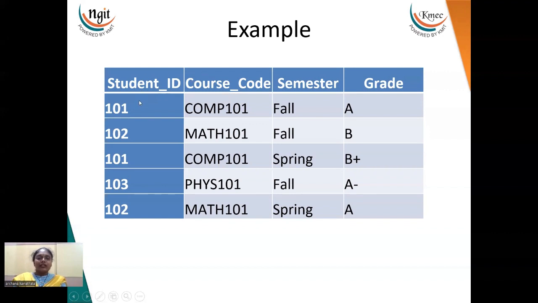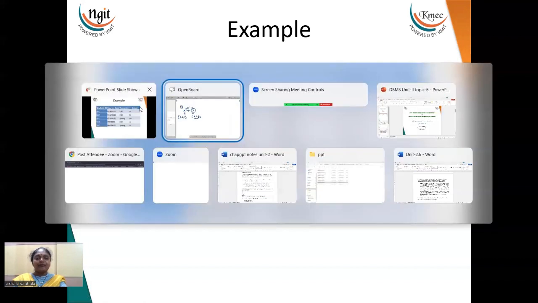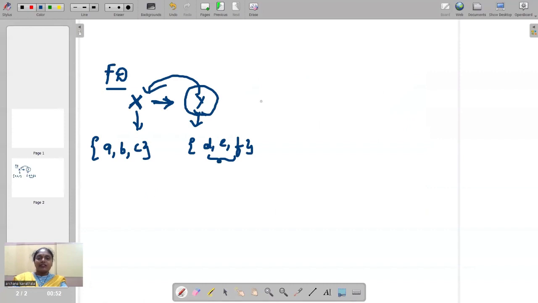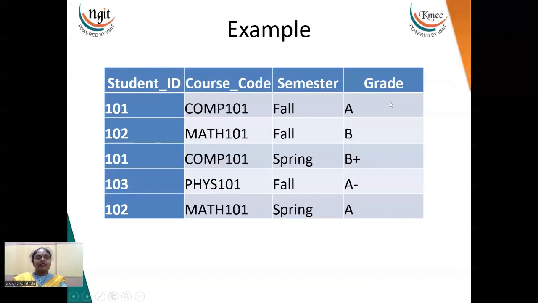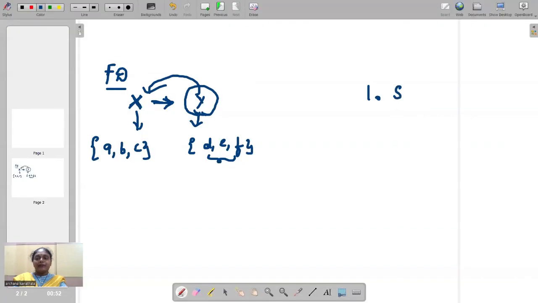Now we can write the first one, reflexivity. The reflexivity property tells us that student ID can be used to determine or get the value of grade.